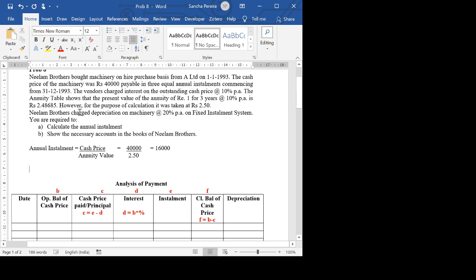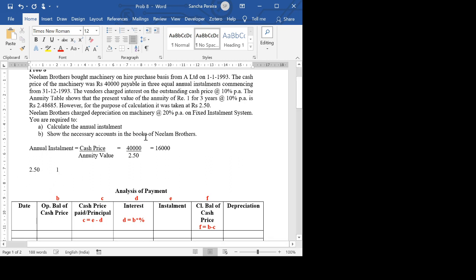The annuity table shows that the present value of the annuity of rupee 1 is 2.5. So the present value is 2.5, and 1 is the future value. Cash price is the present value, that is, if we pay today in the present.